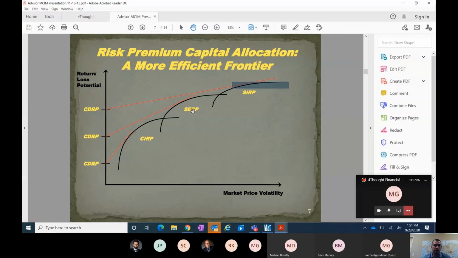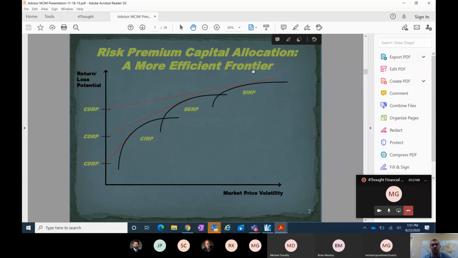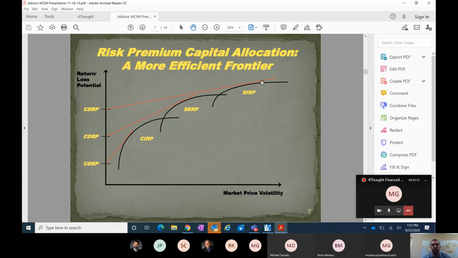And depending on where these lie at any given time, these curves, that space could be quite substantial. So this SIRP could be out here. This CIRP could be out here. And yet, while the SERP is here, at which point this pushes the line out much further, right? So it depends on where you measure these. This is probably a minimal illustration of the increase you get.